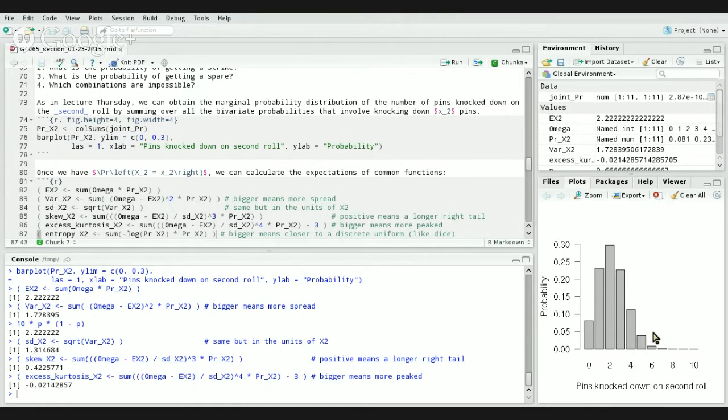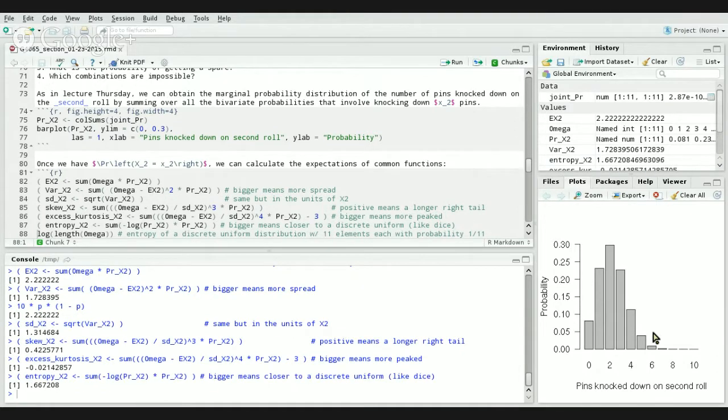Thus, when we calculate the entropy for another distribution, such as this one, in this case, the distribution for the number of pins knocked down on the second roll, we can compare that to the entropy for a discrete uniform distribution in order to tell us how close the distribution under consideration is to a uniform distribution.